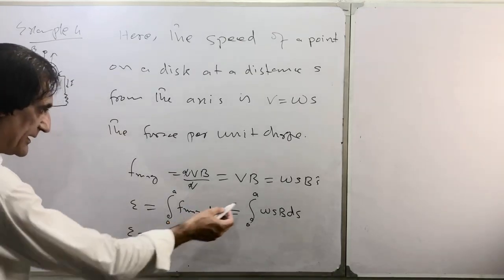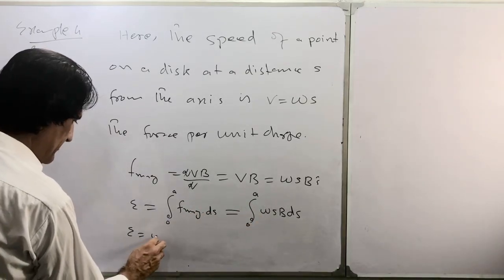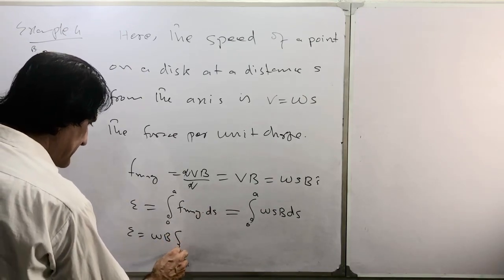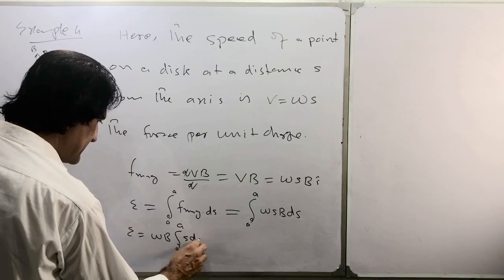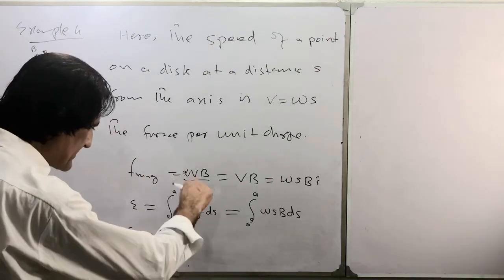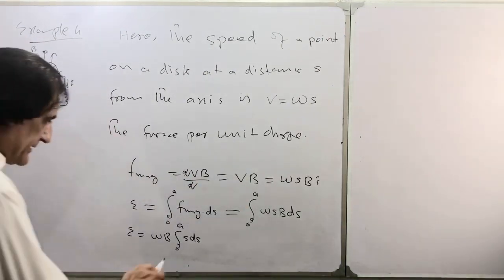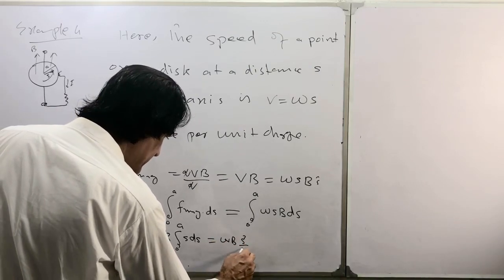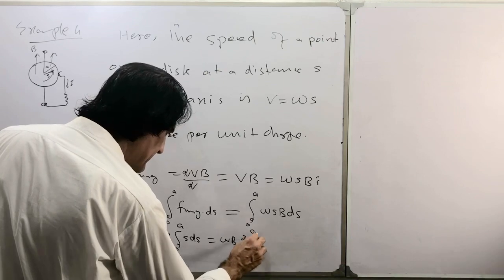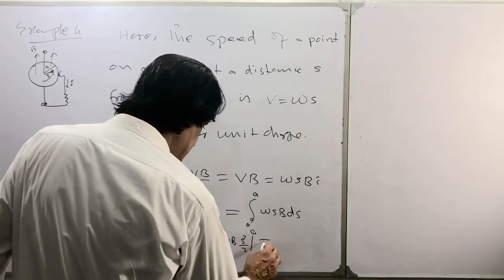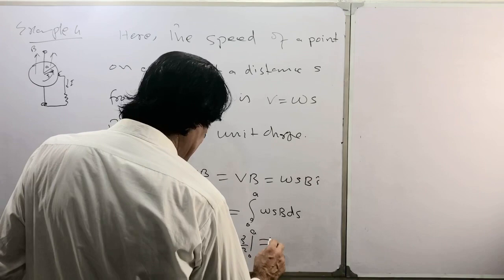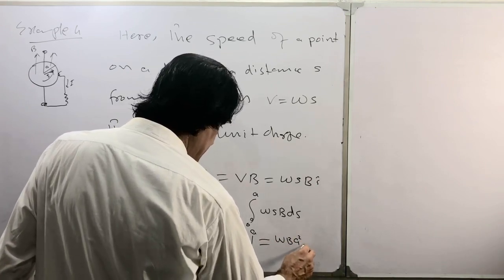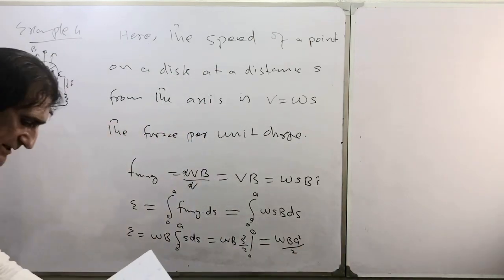This is a simple integration. Omega B will come out of the integral, and the integral of s ds is s squared divided by 2. By applying the limits, it takes the form omega B a squared divided by 2. This is the EMF.